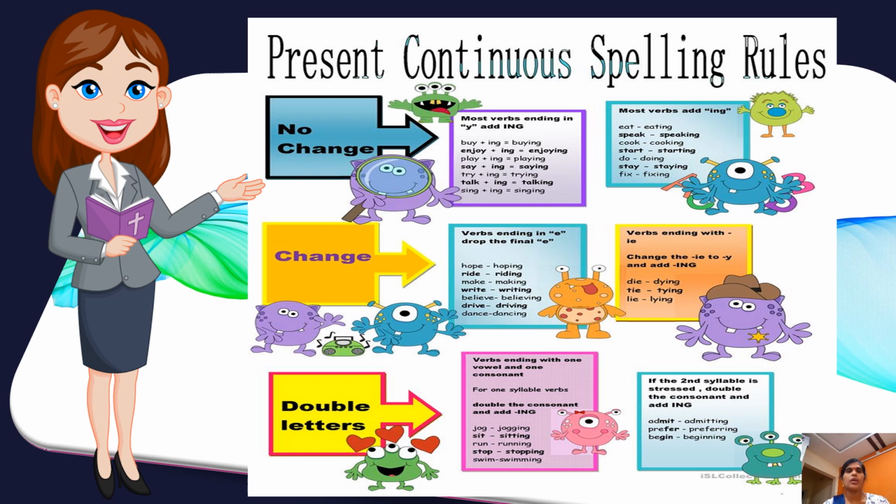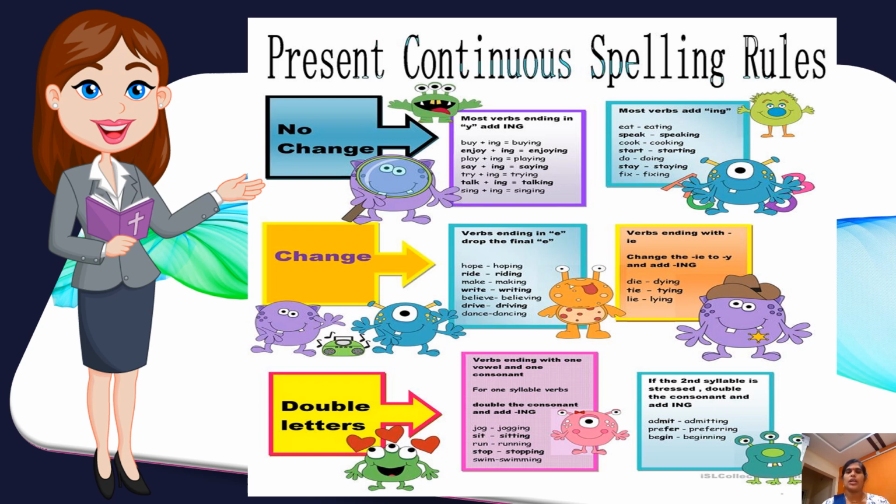For example, verbs ending with E drop the last letter E while changing it into the present continuous tense. For example, the word move, while changing it into the present continuous tense, the spelling changes like moving. So, we have to drop the last letter E and then add the letters ing in order to make it into the continuous tense.